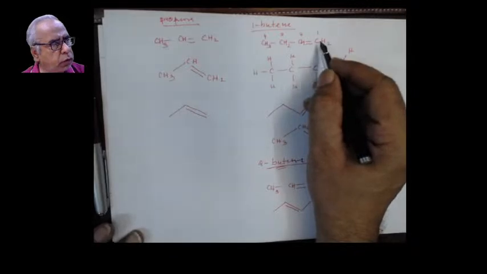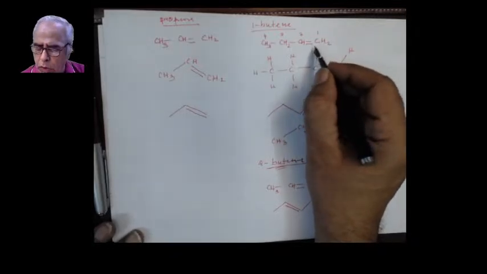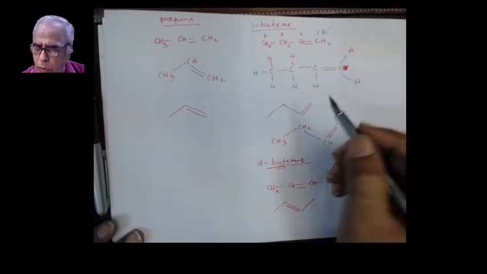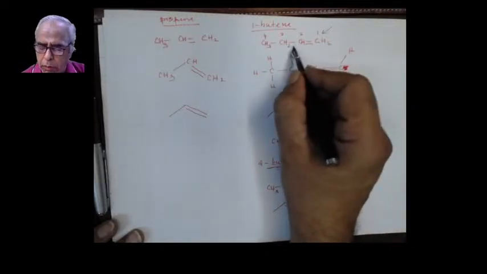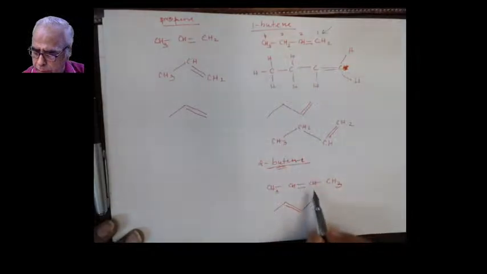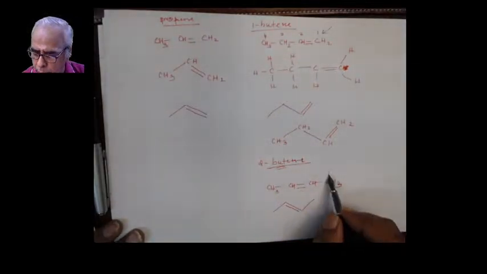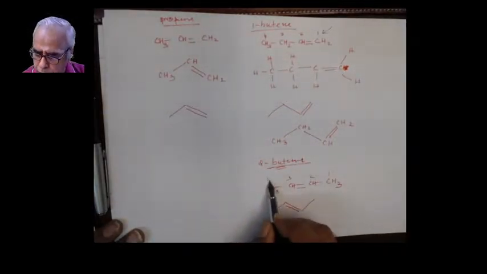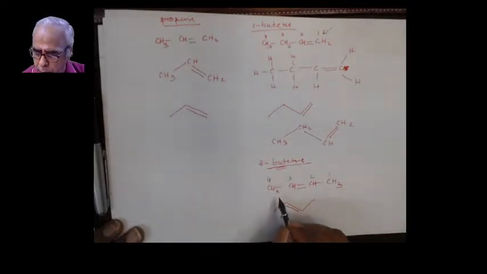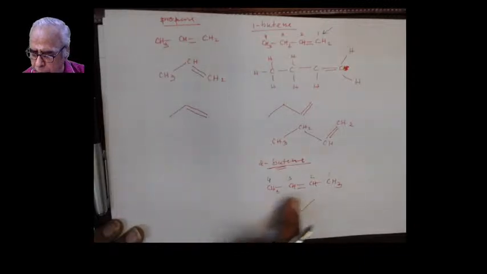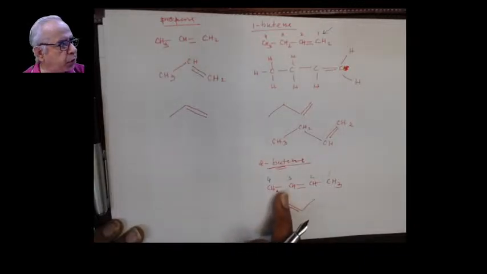You have to go for the first one only. So according to the lowest number rule, you have to say 1-butene. Okay, what about this? So when I bring it here, it becomes 2. 1, 2, 3, 4. So it is 2-butene. And similarly, is it possible to draw in the third position? It cannot be. Why? Because you can write from here and claim that it is 1-butene.